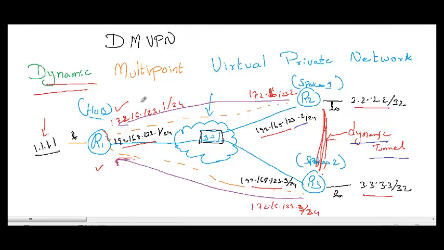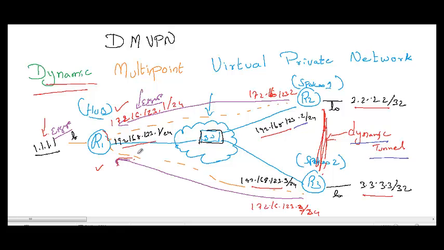Let me repeat. I'll have one common protocol. Let me say here EIGRP and here EIGRP, only on the tunnel interface and on the loopback interface. I don't have EIGRP on the Ethernet interface.